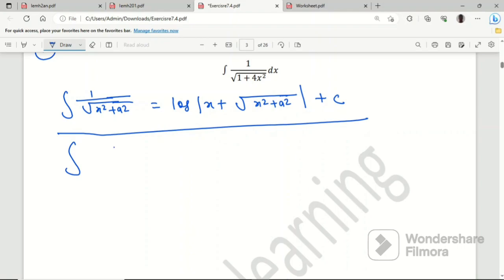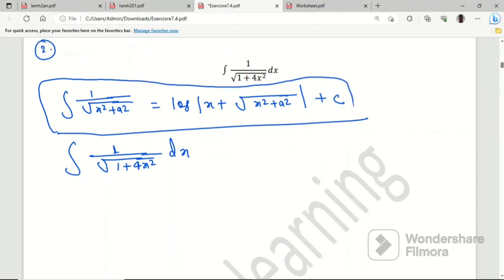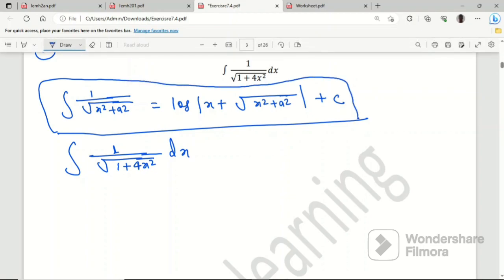So integration of 1 upon under root 1 plus 4x square dx. Although here I can use the substitution method to make it in the form of this identity, there is no need for this. Directly we can use the formula by comparing. Here it is 1 square, that is, 1 square I can write, plus 2x square dx.